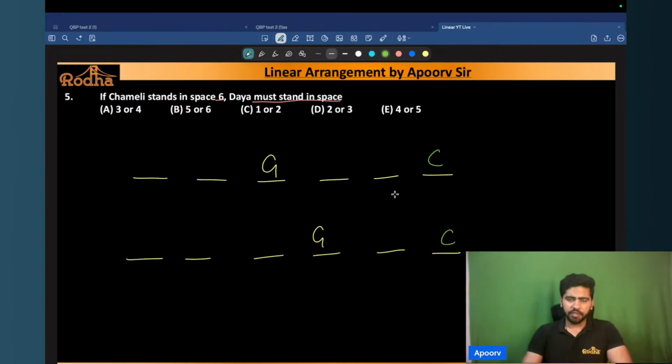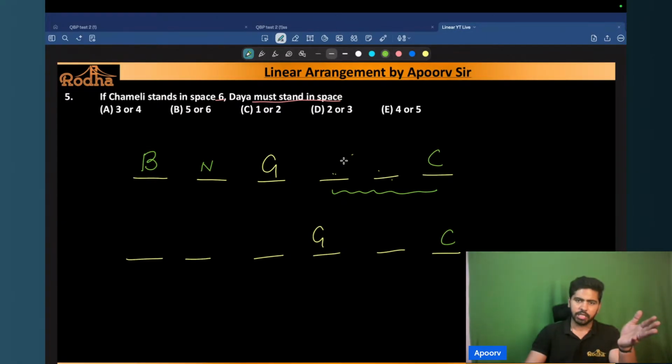Now in the first case, I know that 1 among 4, 5, 6 has to be empty, right? Why? Because Gauti is the third person from the left. So 1 among 4, 5, 6 has to be empty. If this has to be empty, then B and N together, this is the only place, right? So if 4 is empty, then they will come at the fifth place. If fifth is empty, then they will appear at the fourth place. So either of the two places can appear, right?